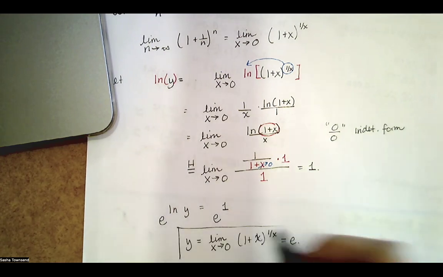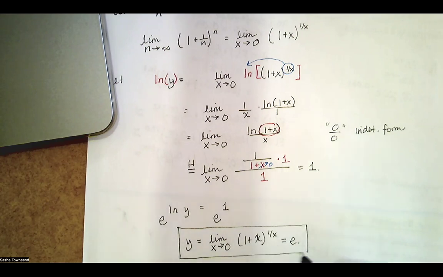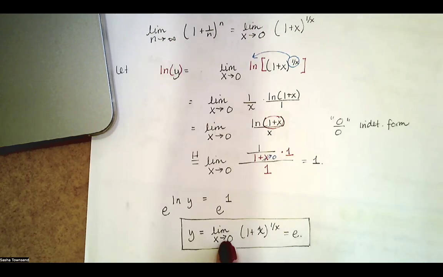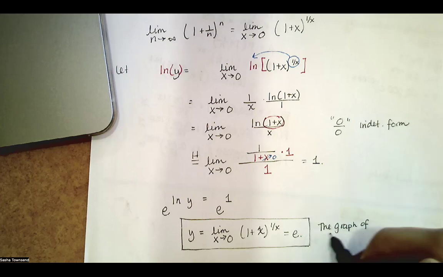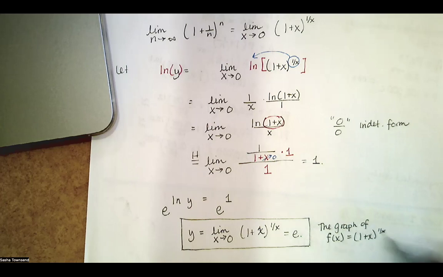Now we're going to explore this graphically and numerically, and we'll see that as x approaches 0, this particular function approaches e. Now again, when x is equal to 0, this function is undefined. So what this tells us is that the graph of, let's say, f of x equals 1 plus x all raised to the 1 over x has a removable discontinuity.